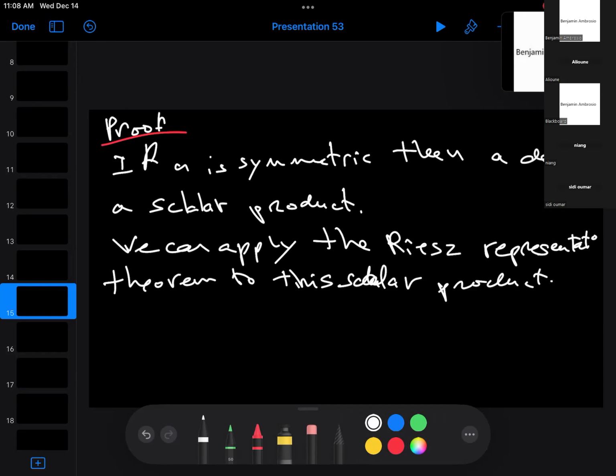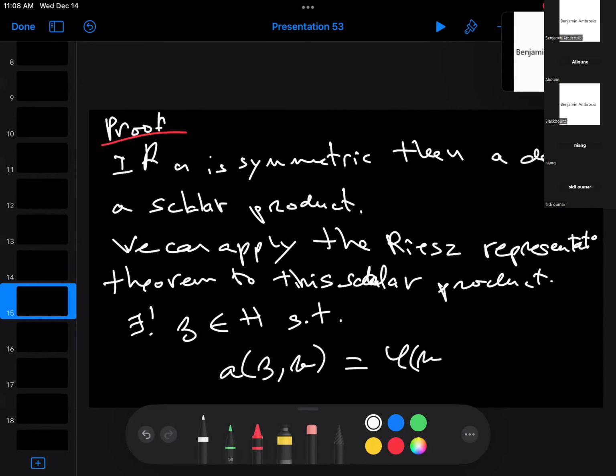If we apply the Riesz representation theorem, we obtain that there exists a unique Z in H such that A Z, V equals phi of V for all V in H.